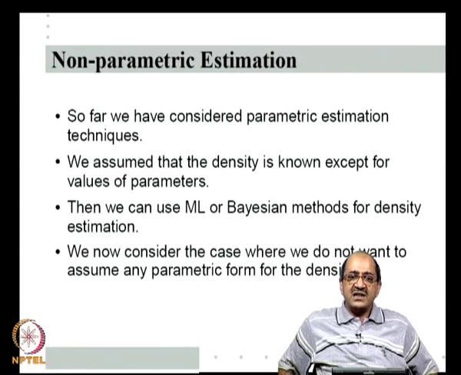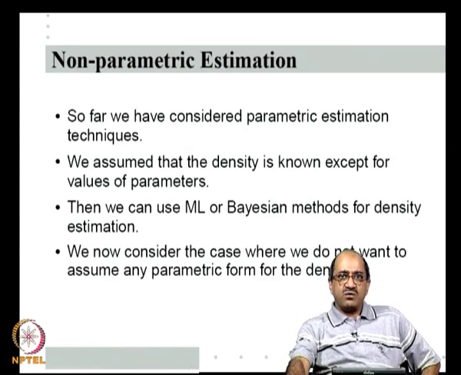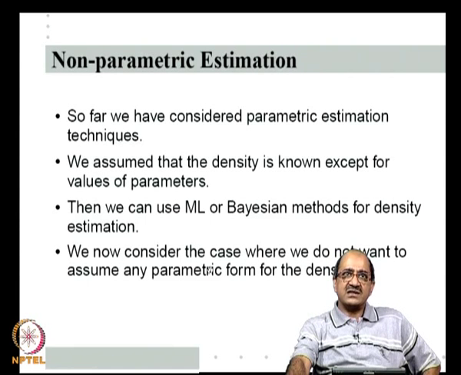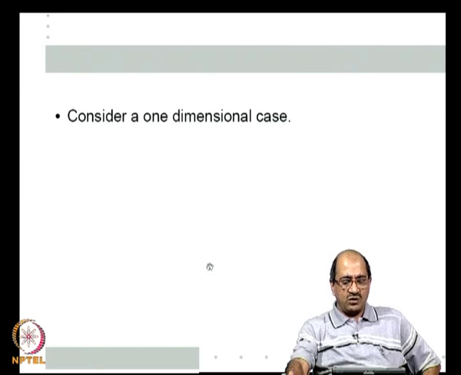So, we need an expression that given any x will give us the density f(x). That is what we want to estimate without assuming any parametric form. This is called non-parametric estimation. That is what we are going to look at.